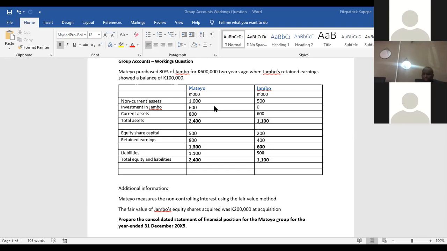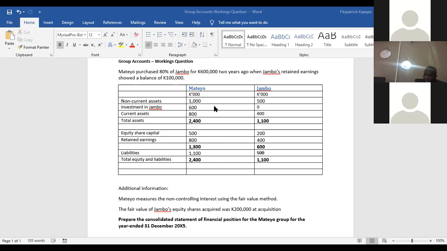So we go to working number 4, non-controlling interest. We are saying non-controlling interest at acquisition.